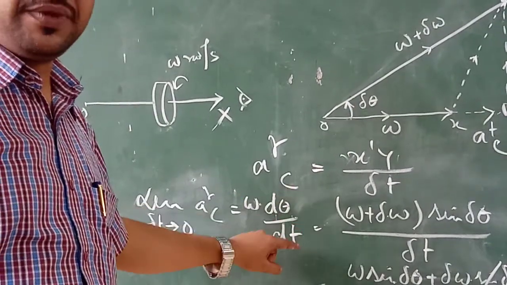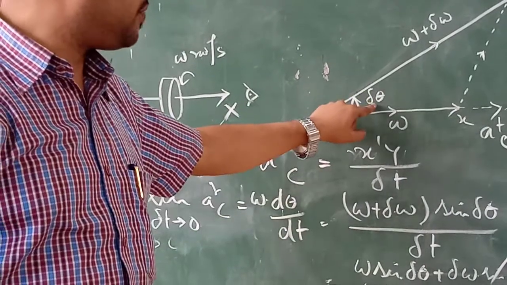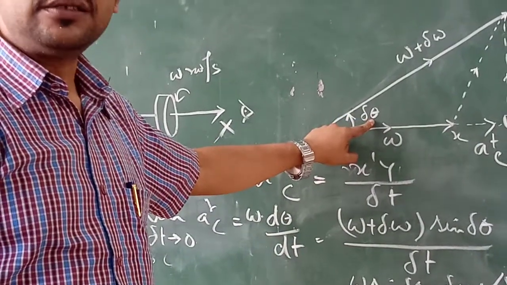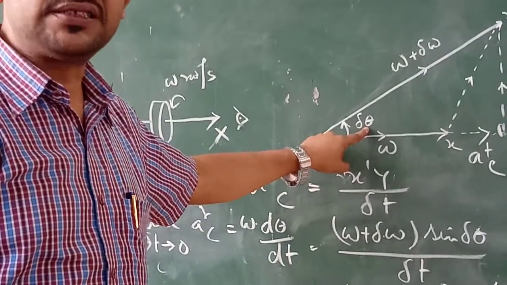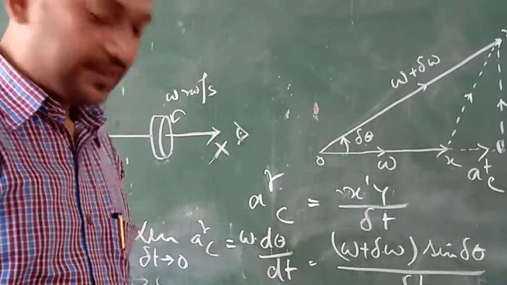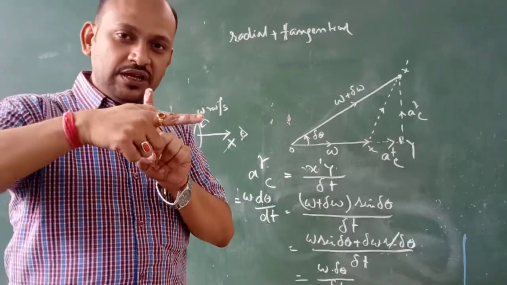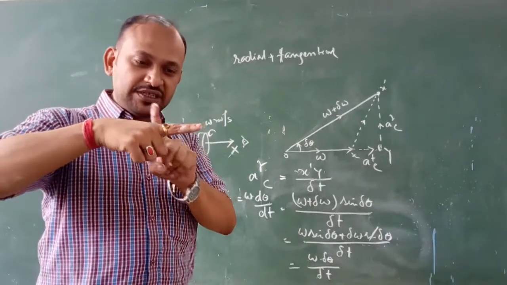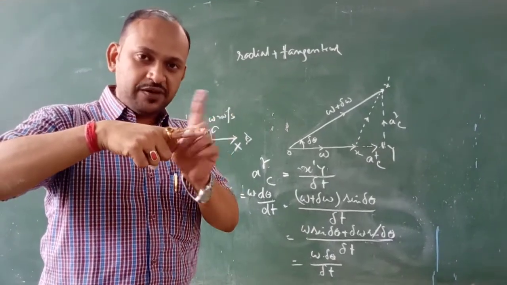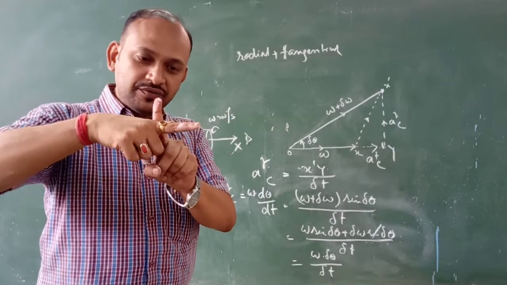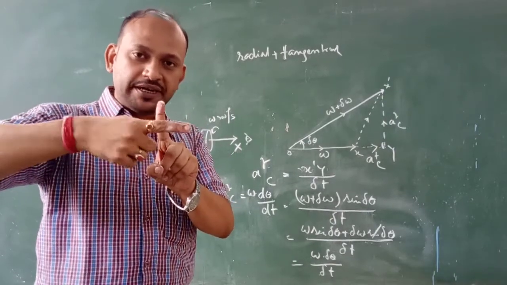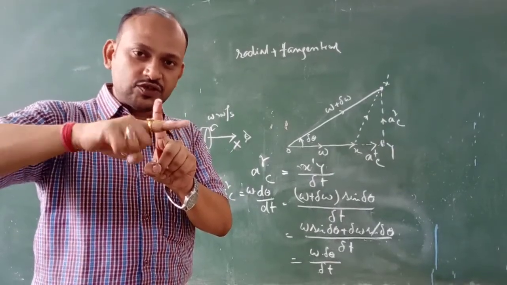D theta dt means the rate of change of angle theta. So how are you going to define this d theta dt? Suppose we have this spin vector. This is the axis of spin and this is the spin vector. Now this spin vector is continuously rotating with angular velocity omega.